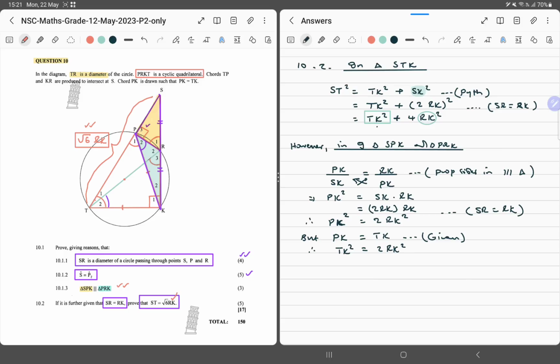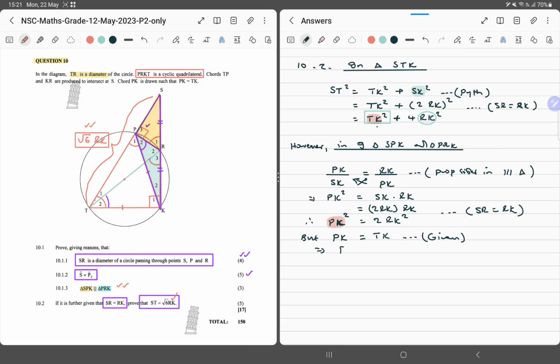Because if this is equal to that, if those are equal, then that means we can express them. Maybe let's try to be a bit systematic before we just jump to conclusions.